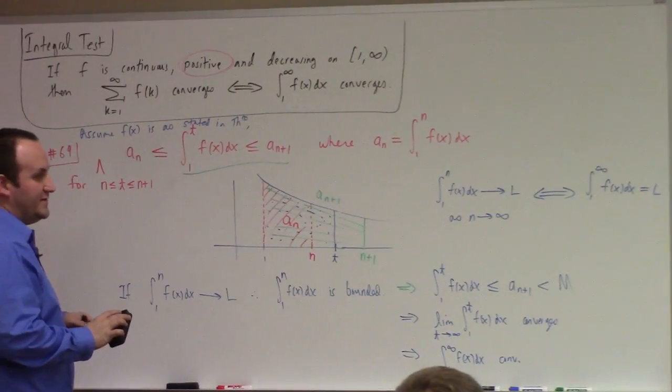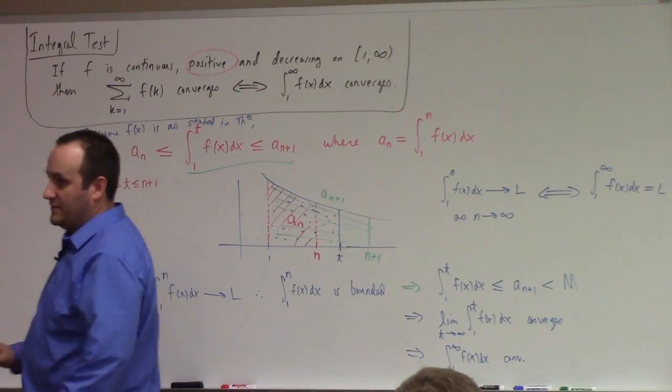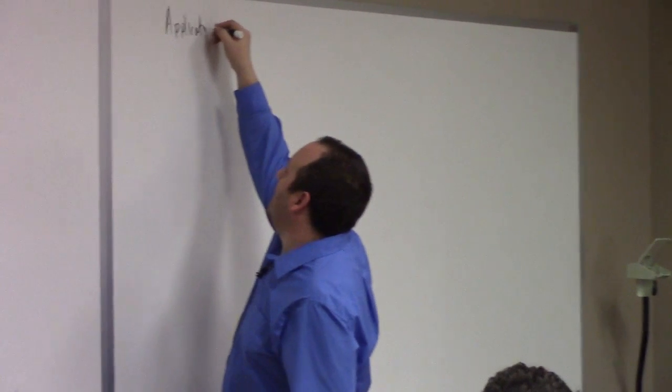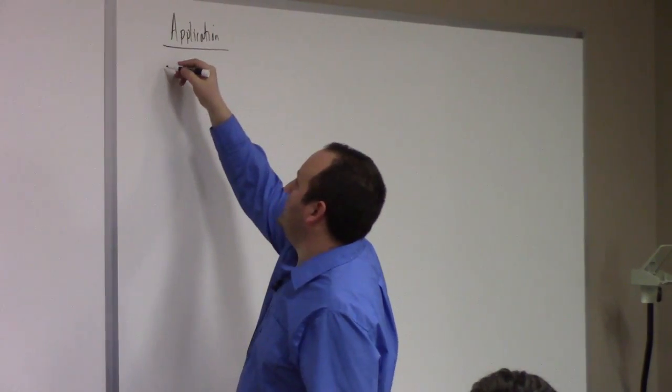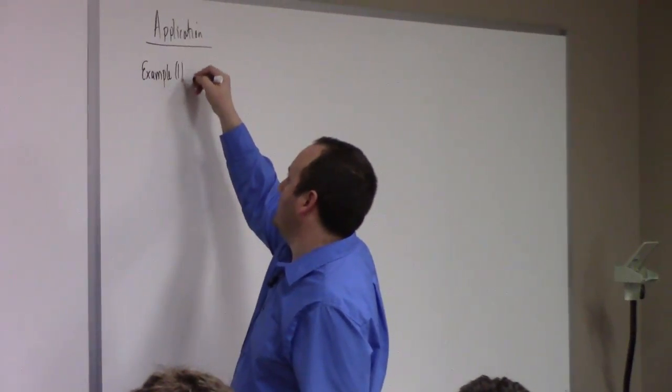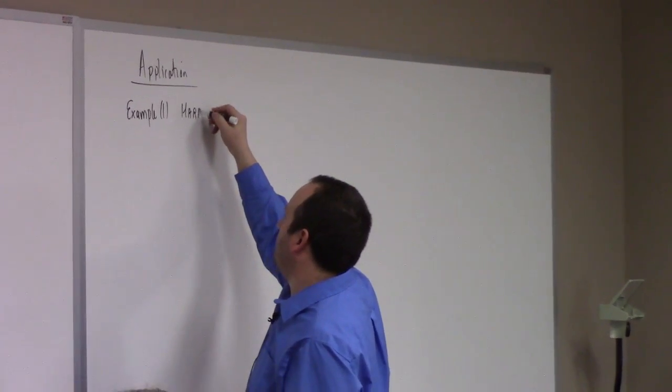I hate to erase. I'm going to leave this up because I really don't want to write this again. Sorry. So the big application is the so-called, and this is example 1 in the book, and it's my example 1 as well because it's important, the harmonic series.